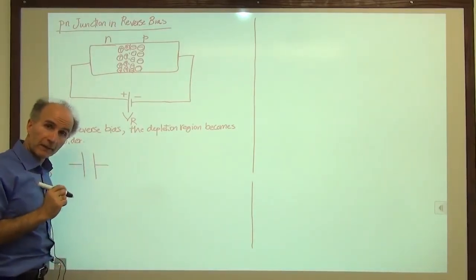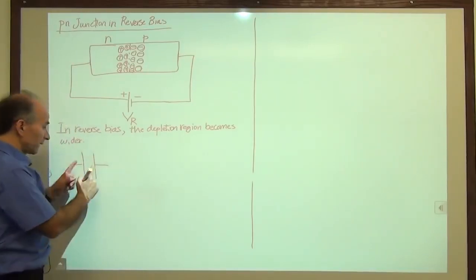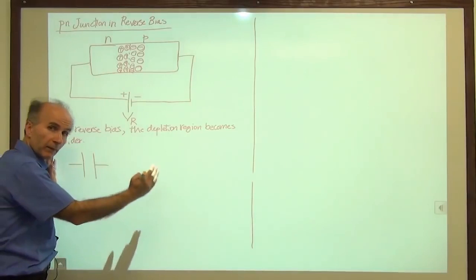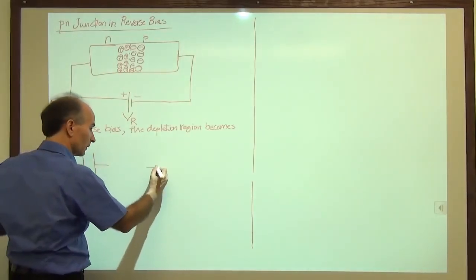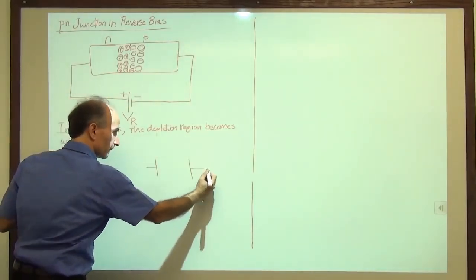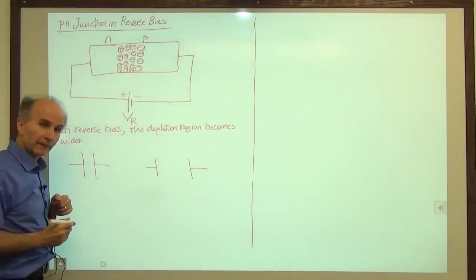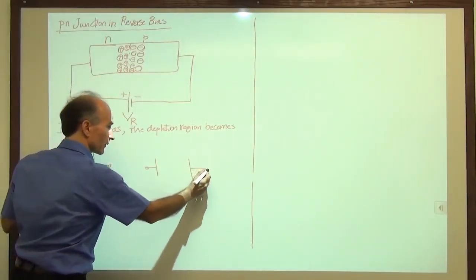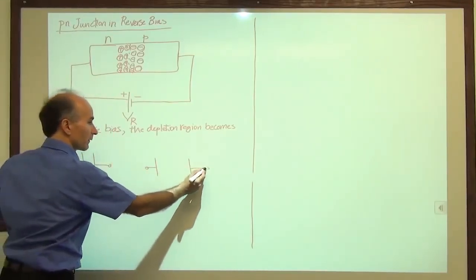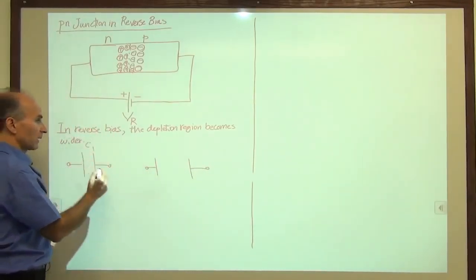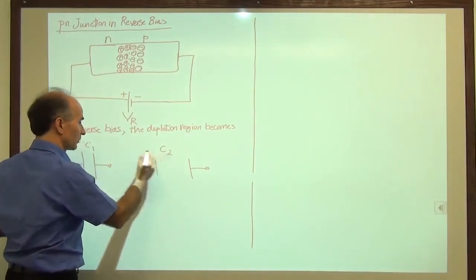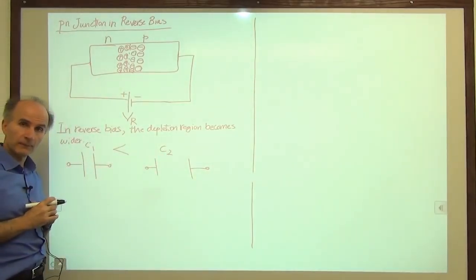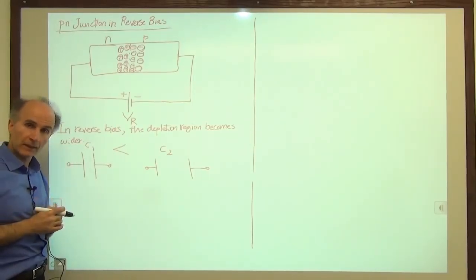And what we remember from basic physics is that if we take these 2 plates and move them away from each other, then the capacitance between these 2 terminals decreases. So if the first one has a capacitance of C1 and the second one has a capacitance of C2, C1 must be less than C2. That's something we remember from basic physics.